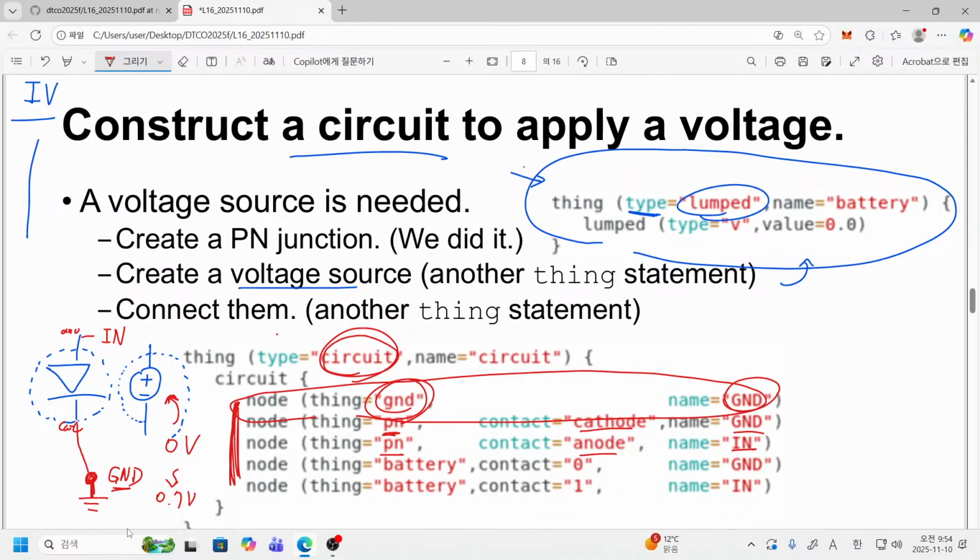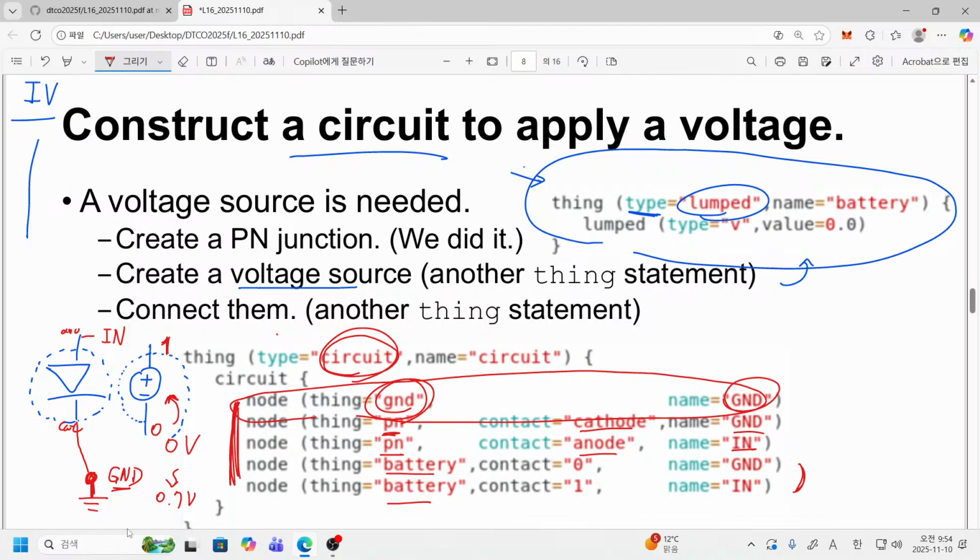Please have a look at these last two lines. Now we have a voltage source named battery, and it has two contacts called 0 and 1. 0 is reserved for the relatively lower contact, and 1 is reserved for the relatively higher one.